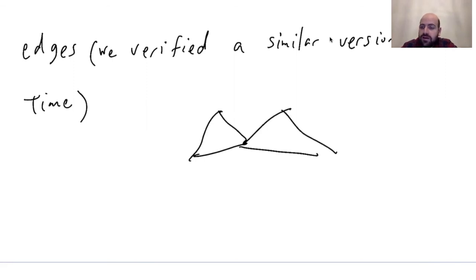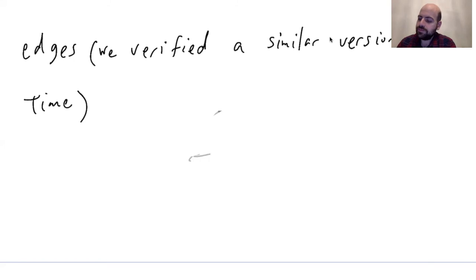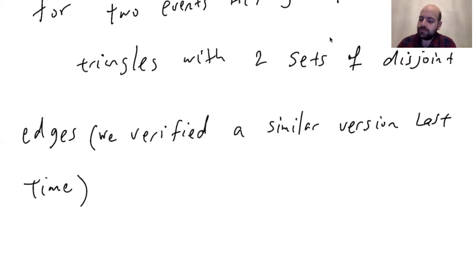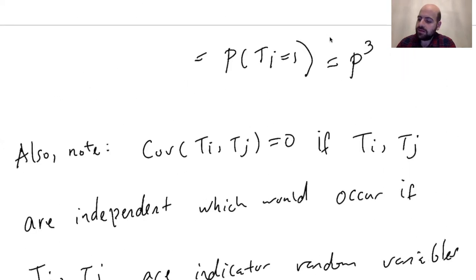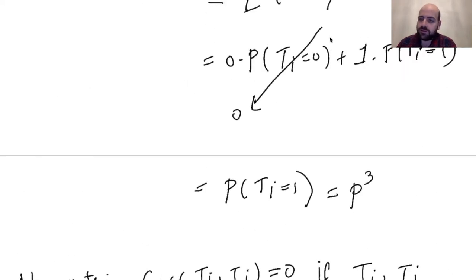So you can verify that as long as you have two events corresponding to having triangles with two sets of disjoint edges, even if there is one common vertex, still those indicator random variables are independent. And if they're independent, the covariance will be 0. Okay, so in this case, covariance is 0, and we don't have to do anything.